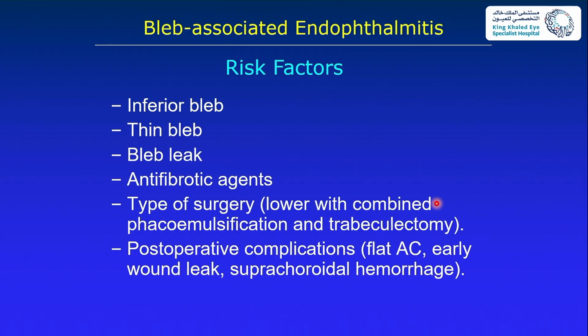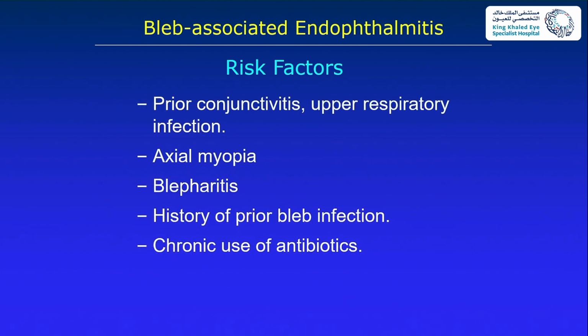What are the risk factors? Inferior bleb has been shown to increase the risk of bleb-associated endophthalmitis. Thin bleb leak. If a patient had a bleb leak, it should be fixed immediately because this can cause endophthalmitis. Antifibrotic agents, post-operative complications such as flat anterior chamber, early wound leak, suprachoroidal hemorrhage.